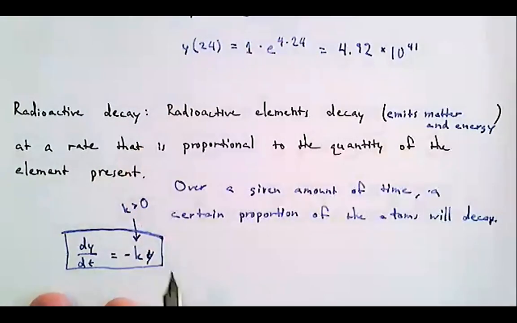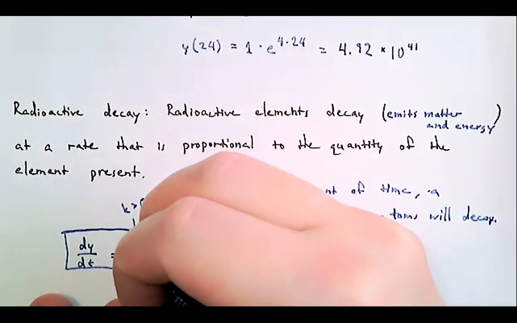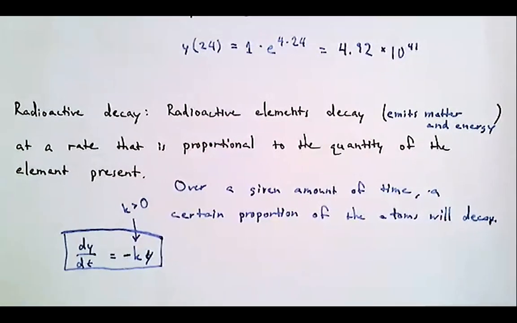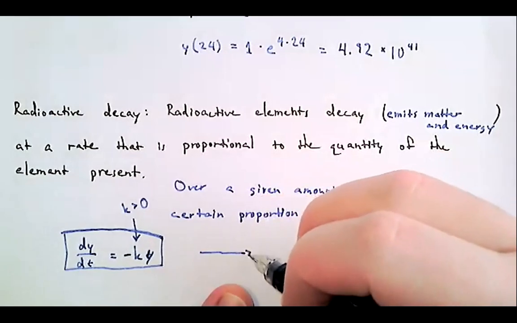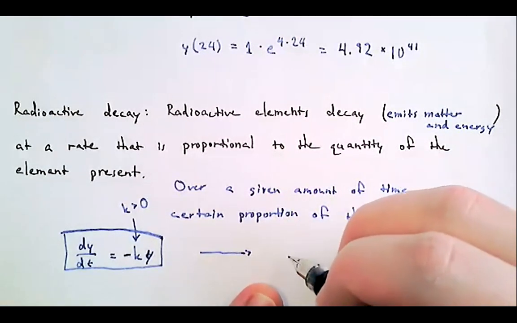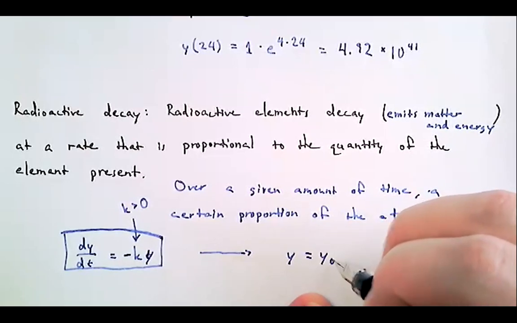But since we put this extra minus sign on here, we're saying that the amount of radioactive element that we have is going down, has a negative slope. So this isn't a huge change, but it does lead to a minus sign in the exponent of our exponential change formula as well.